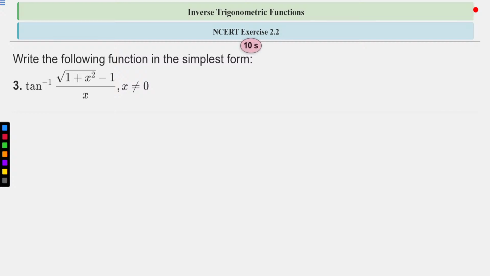Okay, you have 10 seconds to solve or think about this question. After that, we will discuss the solution part, right? Okay, some students are saying tan inverse x by 2.